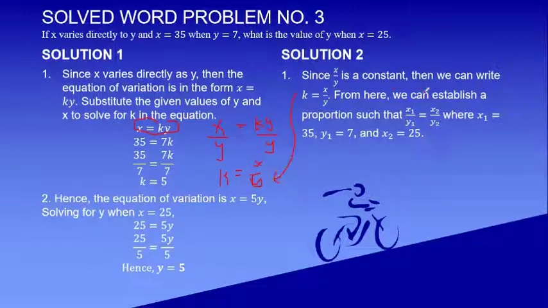From here, we can establish a proportion such that x sub 1 all over y sub 1 equals x sub 2 all over y sub 2, where x sub 1 is 35. This is your x sub 1. Then, your x sub 2.